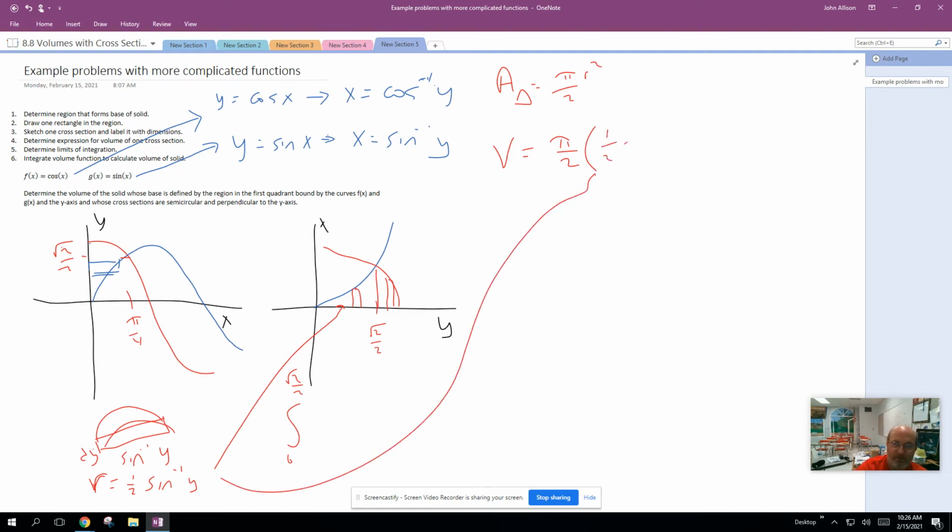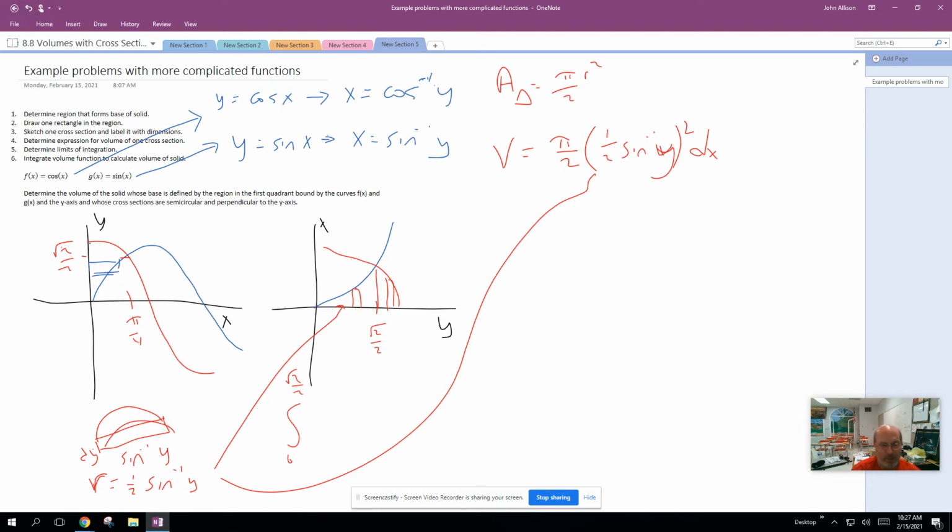So 1/2 sine inverse y, squared, times dy. So that's the pi r squared over 2, and our r here is 1/2 sine inverse y. That's the volume of just this part here.